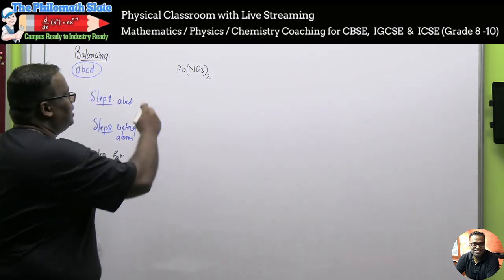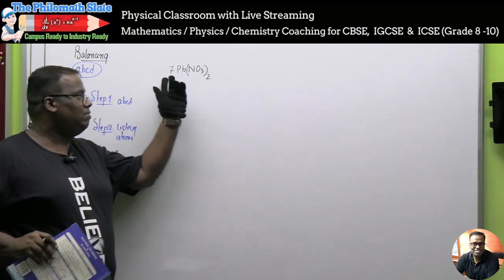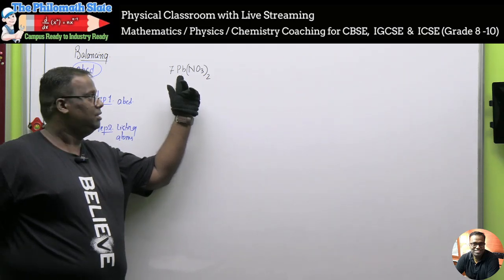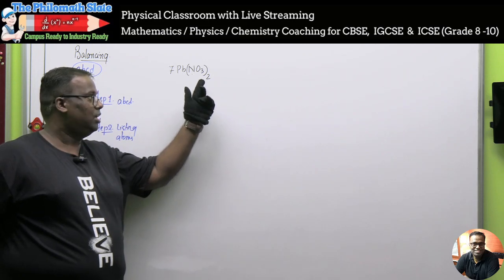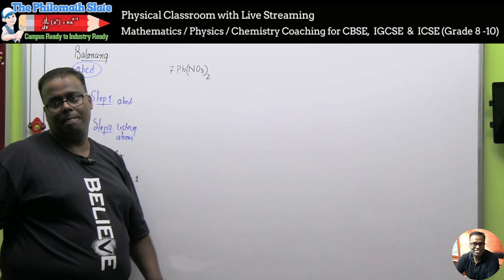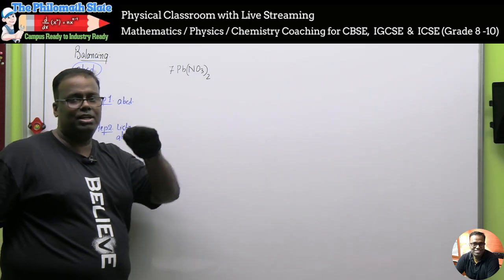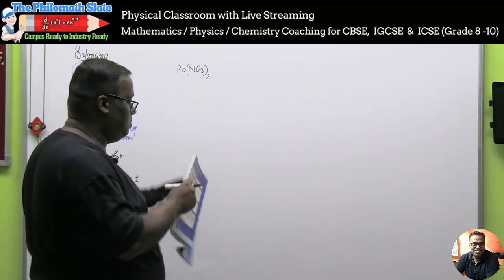And if I write a 7 in front, what does it mean? 7 molecules of lead nitrate have 7 atoms of lead and then 14 atoms of nitrogen, 3 2s are 6 into 7, 42 atoms of oxygen. We don't write N2O6, because we factorize and write it outside. So this equation starts with Pb(NO3)2.